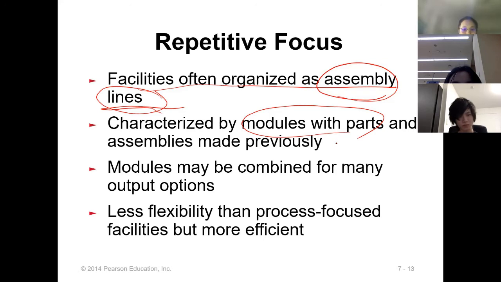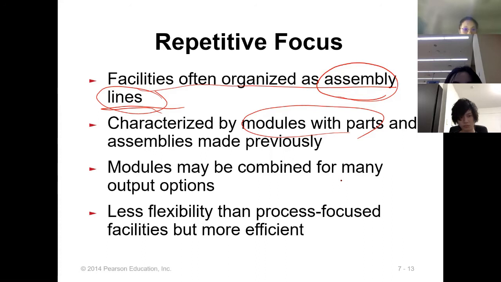And of course the modules can be combined for many output options, meaning different models, using different modules of the so-called assembled products and components.